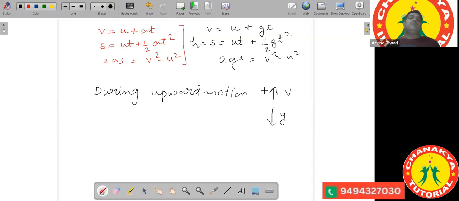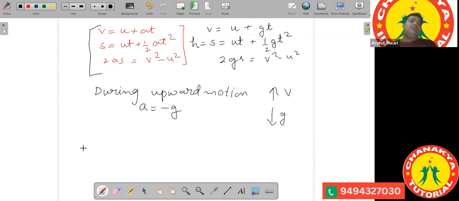Since both of them are opposite to each other, the ball is moving upward and the acceleration due to gravity is downward, hence here we take the value of acceleration to be minus g. In these equations of motion, in place of acceleration, we write minus g during the upward motion.